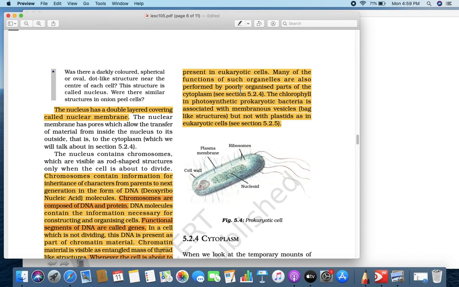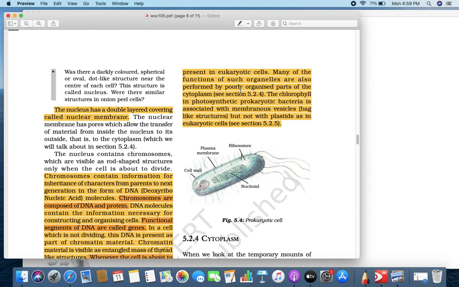Those cell organelles are properly developed in a eukaryotic cell, but are not properly developed or may be absent in a prokaryotic cell. So many of the functions of such organelles are performed by poorly organized parts of the cytoplasm.